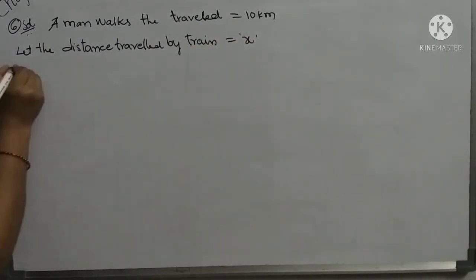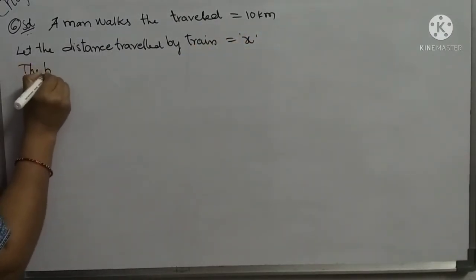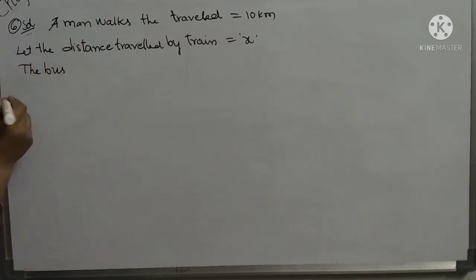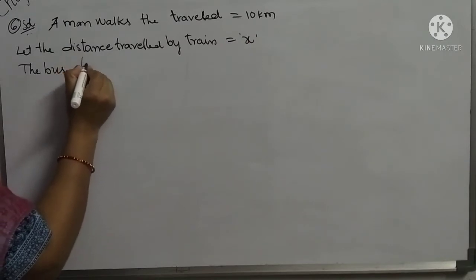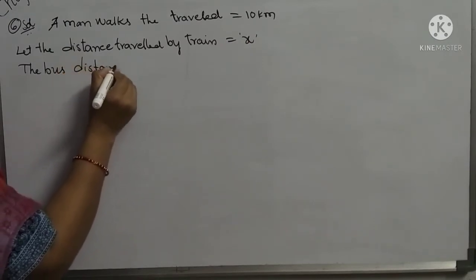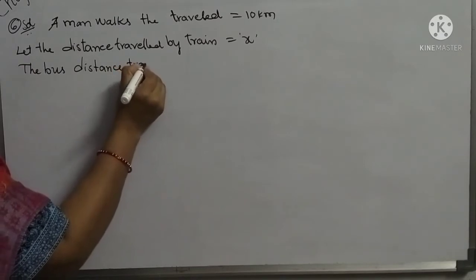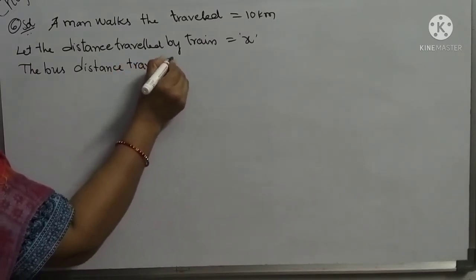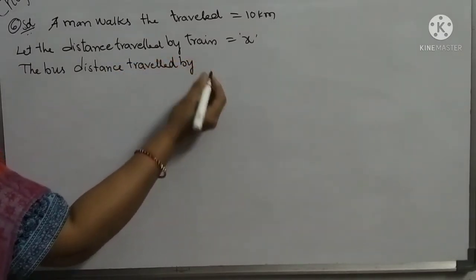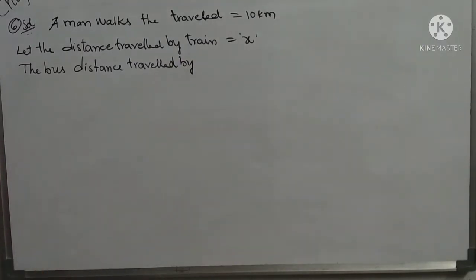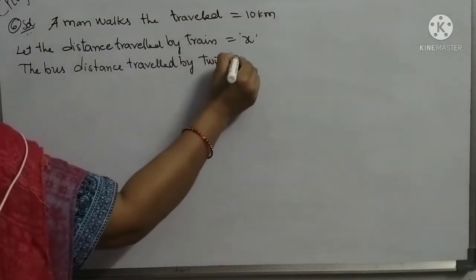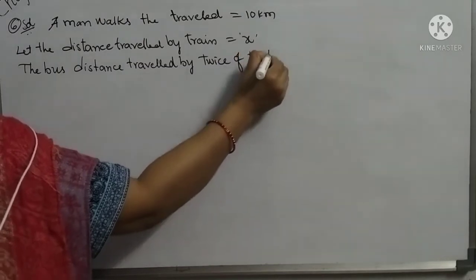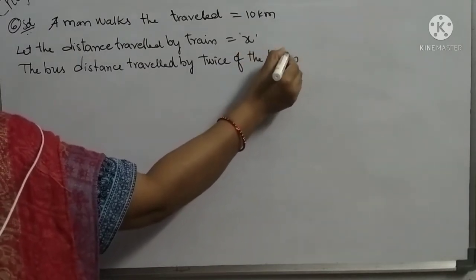At the same time, the bus distance travelled is twice that of the train.